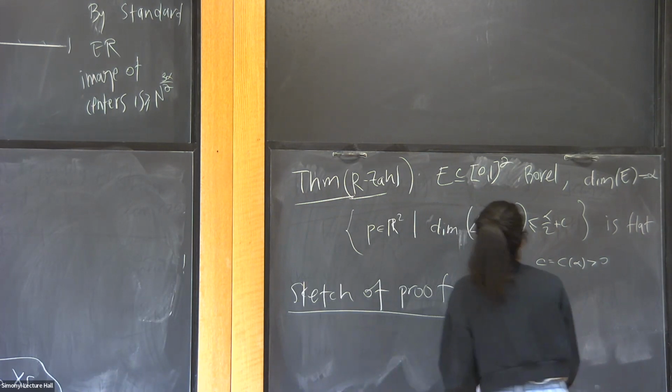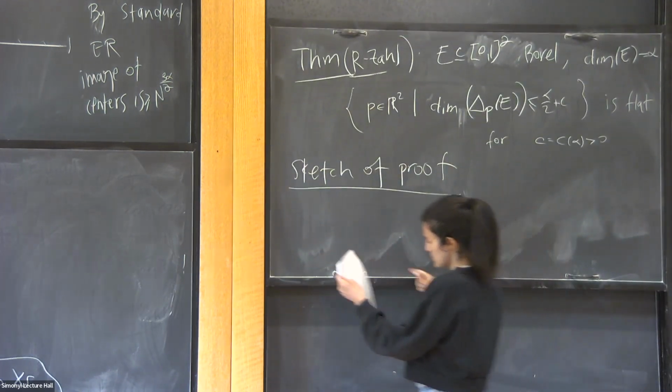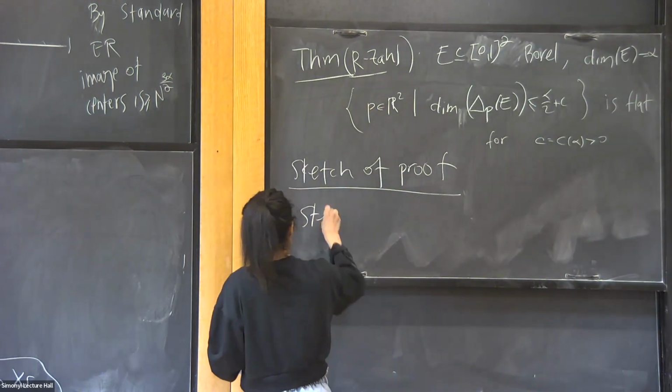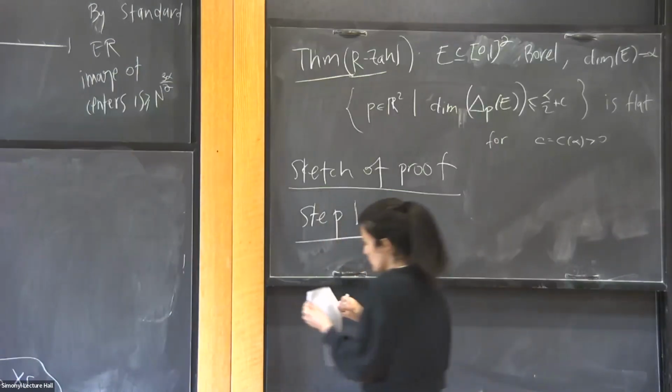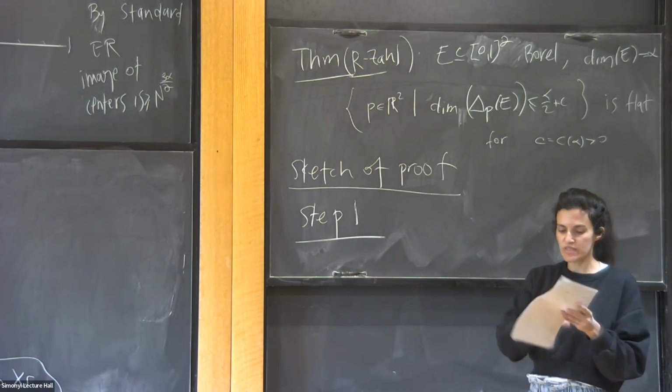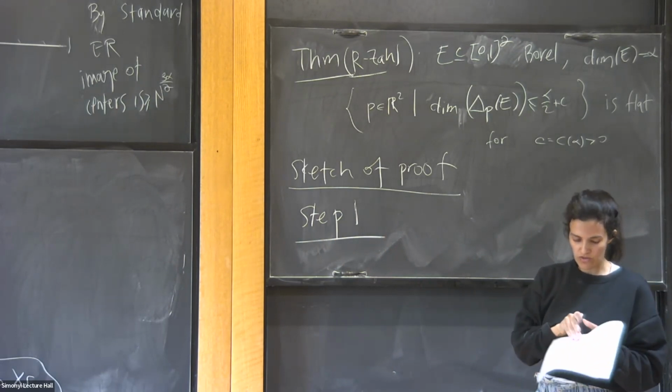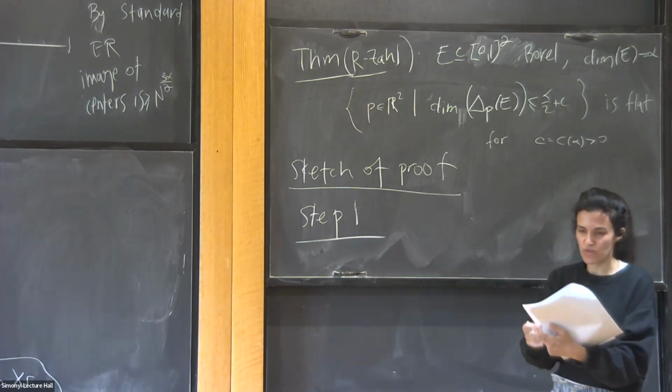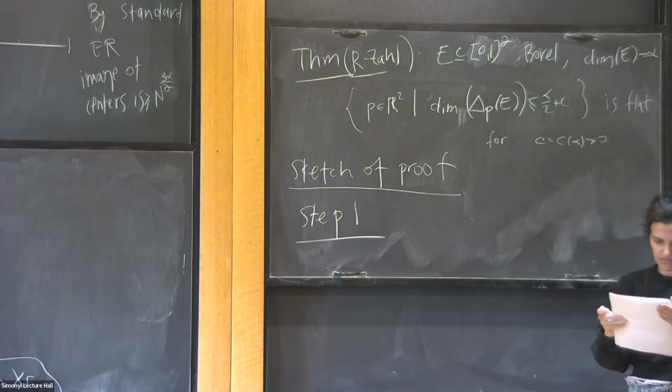So the first step of the proof, step 1, will be to prove an analog of the problem that I mentioned in the introduction about distances between 3 points and a set.